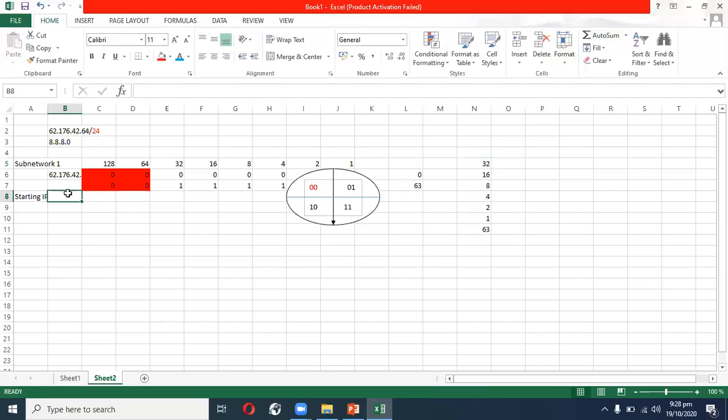So it will become 62.176.42.0. This is the starting IP, and the end IP will be 62.176.42.63.